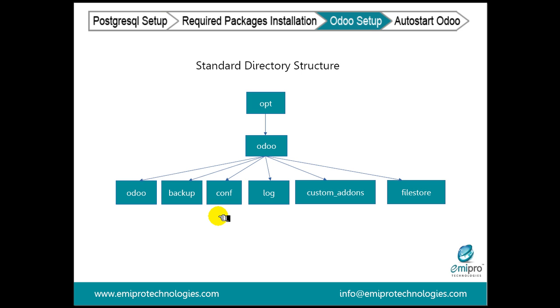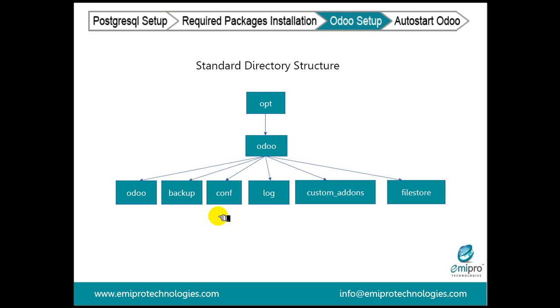So now we are in the Odoo setup stage. Here we have tried to show you the standard directory structure for Odoo installation. This is not necessary, but we are following it. There will be a folder inside the opt folder which is odoo, and then different folders for different purposes.